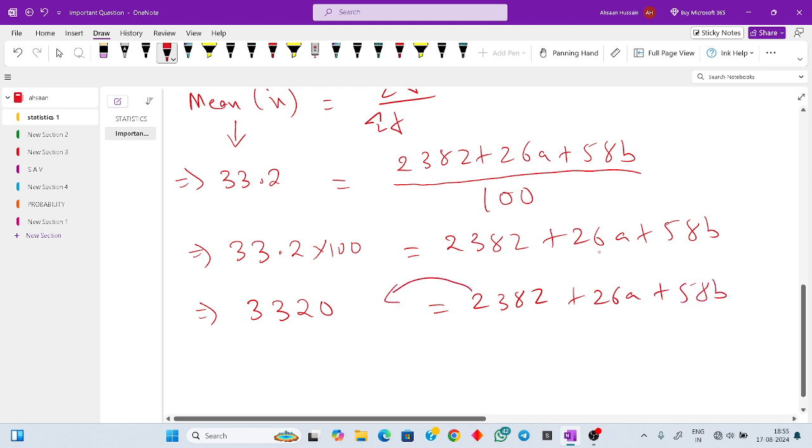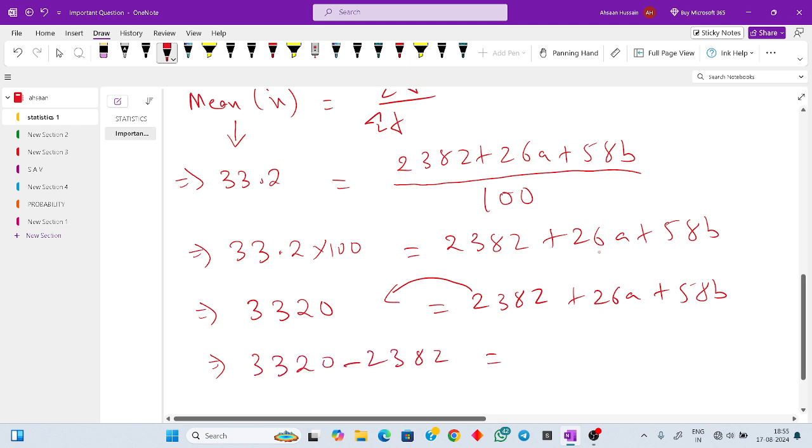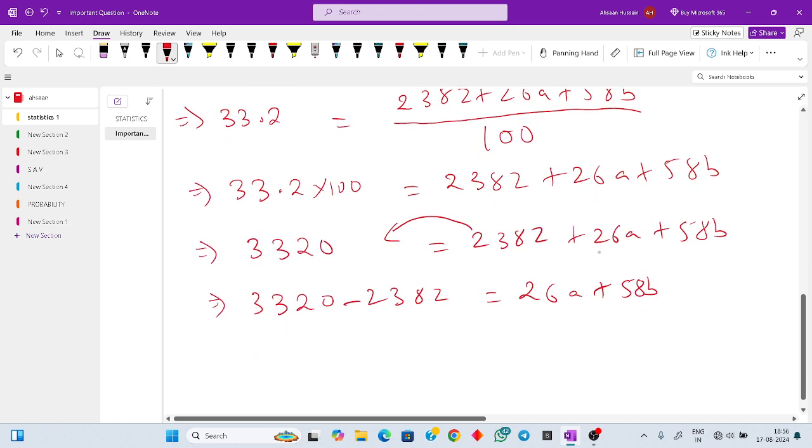Now this value will come to the other side and will get subtracted. 3320 minus 2382 equals to 26a plus 58b. Now after subtracting we'll get 938 equals to 26a plus 58b.